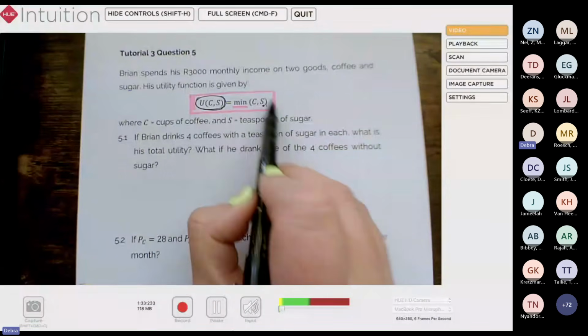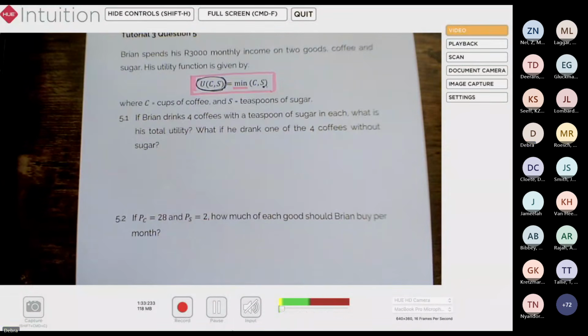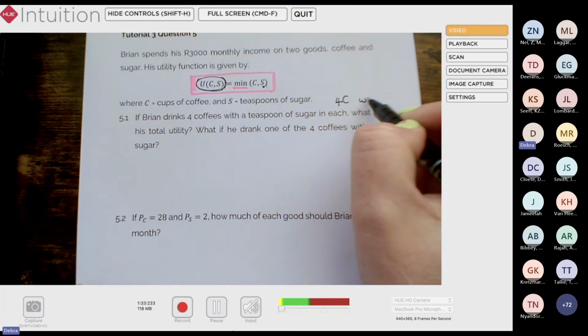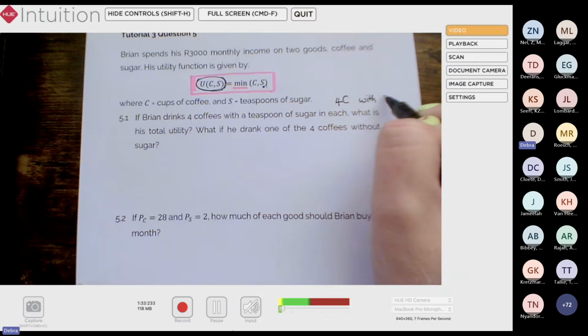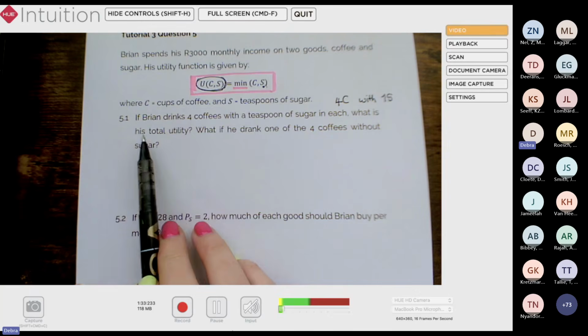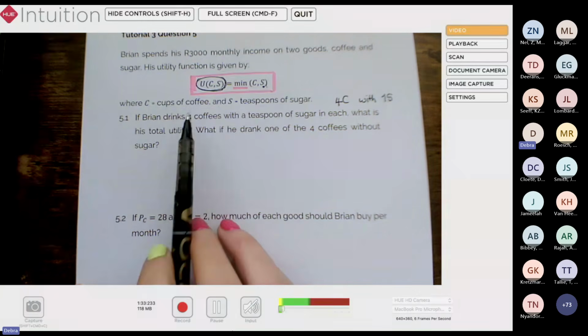So question 5.1 asks, if Brian drinks 4 coffees with a teaspoon of sugar in each. In other words, he is choosing to combine 4C with 4S. That is his preferences, okay? What is his total utility when he drinks 4 coffees?